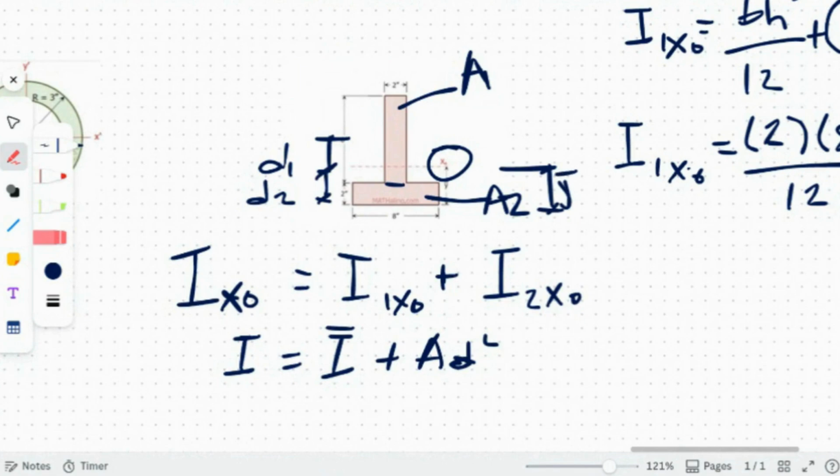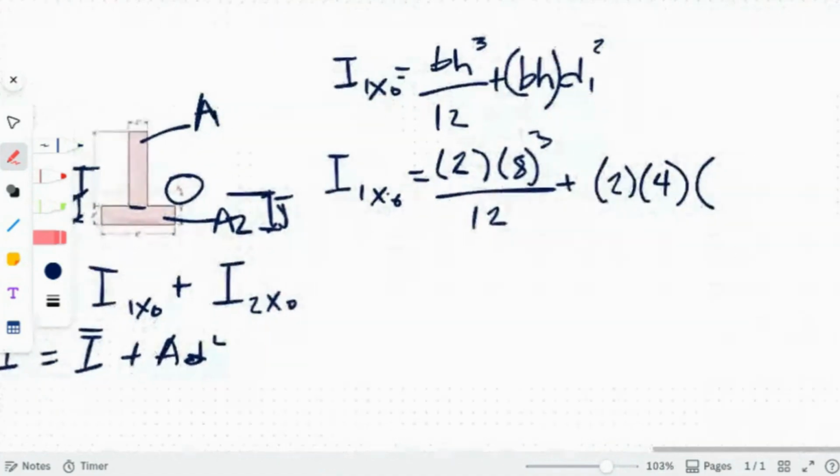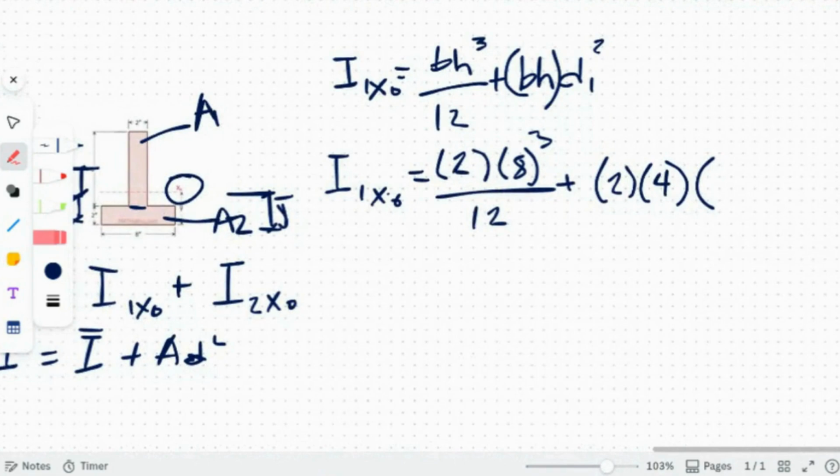Okay, so it kind of shows your new centroid, so to speak. That's the new centroid location, the Y bar.